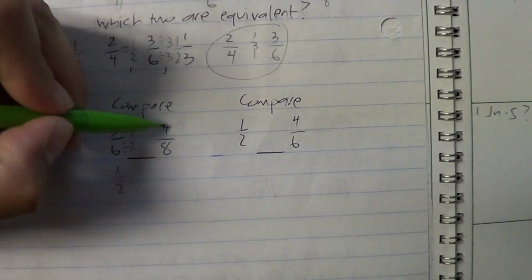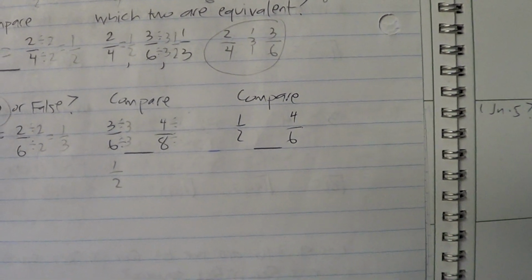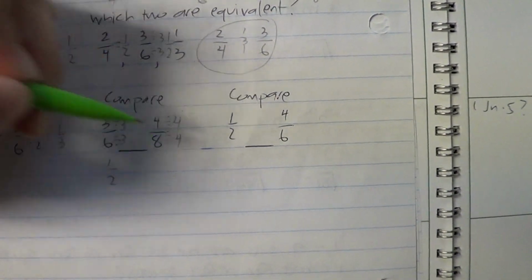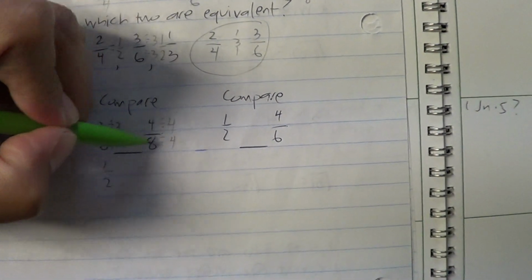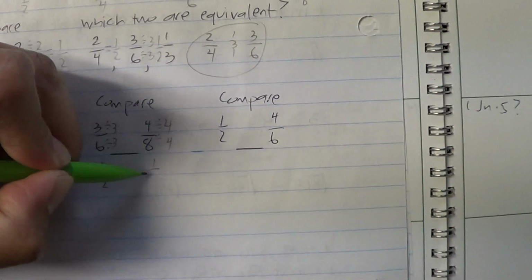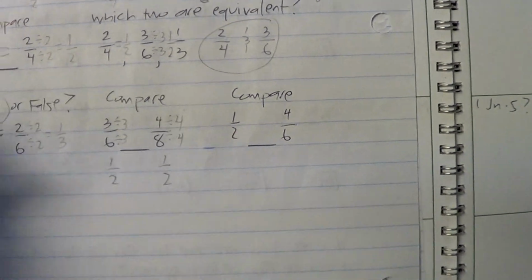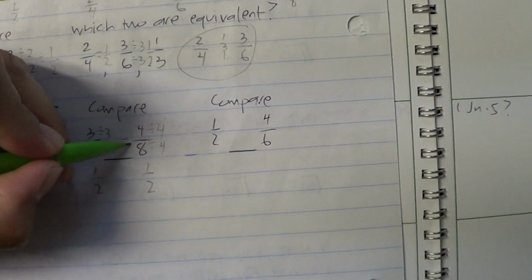For 4/8, I've got 1, 2, and 4, and then for 8, 1, 2, 4, and 8. The GCF there is going to be 4. So I divide numerator and denominator by 4. 4 divided by 4 gives me 1, and 8 divided by 4 gives me 2. So we'll notice these fractions are equal.